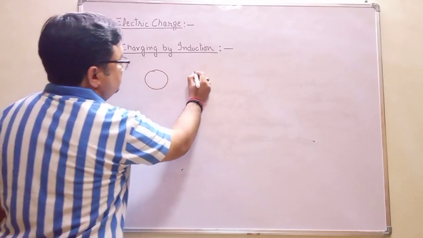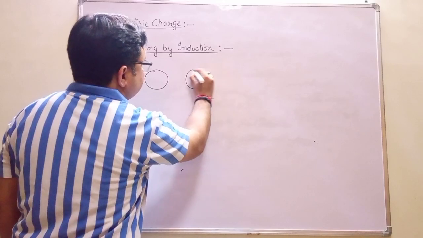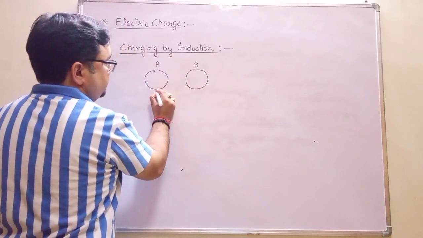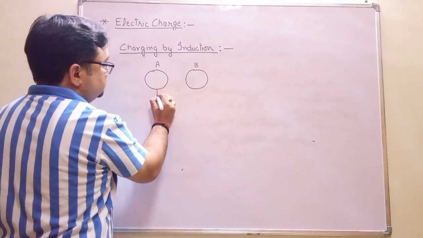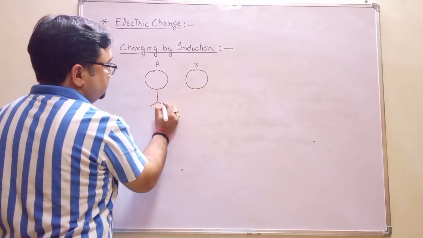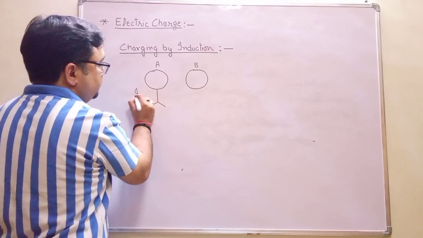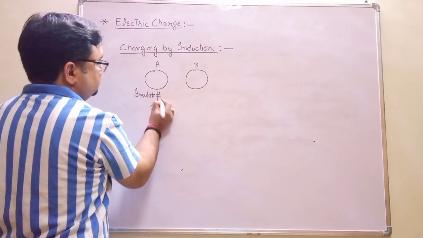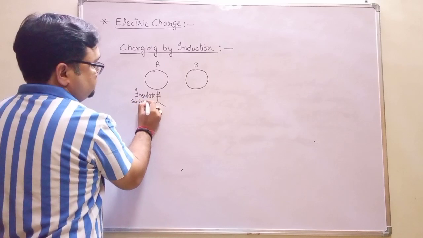two metallic spheres, let us say A and B, and they are mounted on an insulated stand.